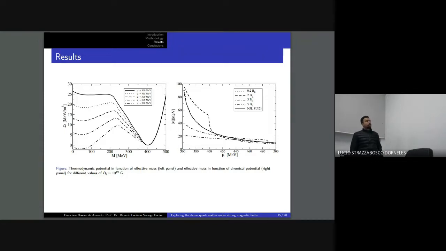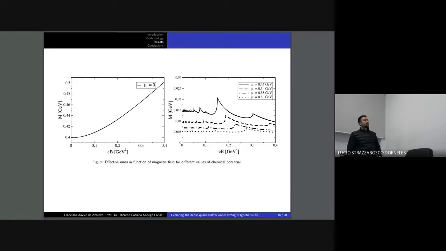On the right side, we have the relation between effective mass and chemical potential for different values of magnetic fields. In this case, we have chiral symmetry restoration, because the increase of the chemical potential comes with the decrease of the effective mass, for different values of the magnetic field.